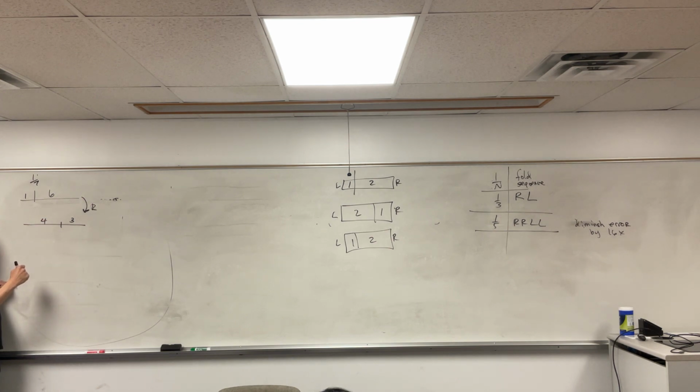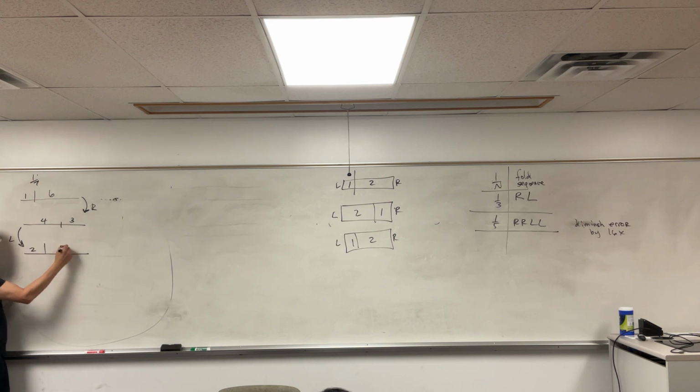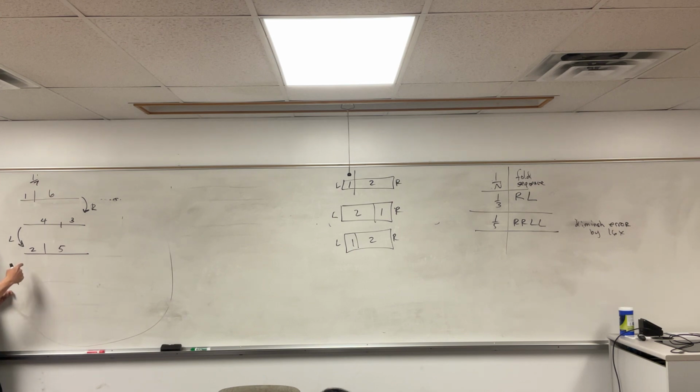So now what side do I fold? Left. What are the numbers going to be? 2, beautiful, but then we need to add up to 7, so 2 and 5. Does that make sense? Cool, you're computing. Now what side do I fold?